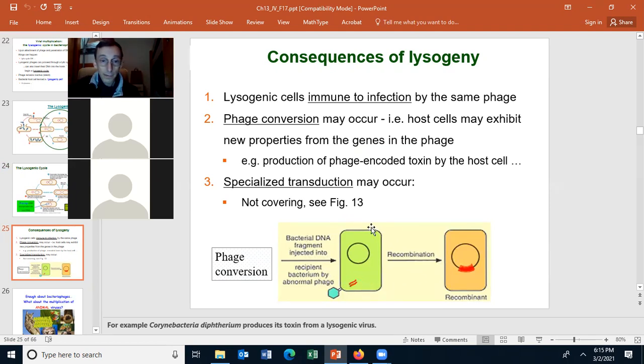The Corynebacterium diphtheriae cell does not produce the diphtheria toxin unless that cell is infected with the lysogenic virus. The toxin is produced from the lysogenic viral DNA, meaning the prophage. Any question about that?